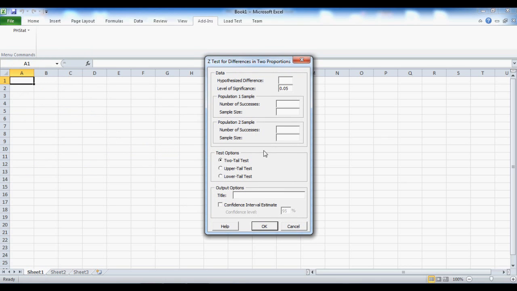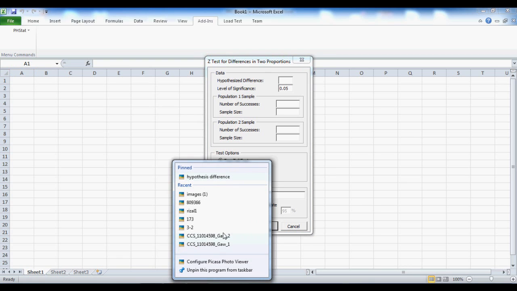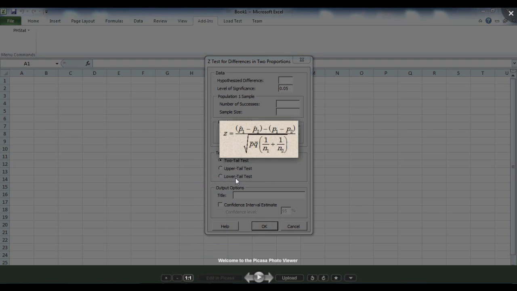So, the hypothesized difference. The formula is Z equals p hat 1 minus p hat 2 minus parenthesis P1 minus P2, all over the square root of PQ times 1 over N1 plus 1 over N2.